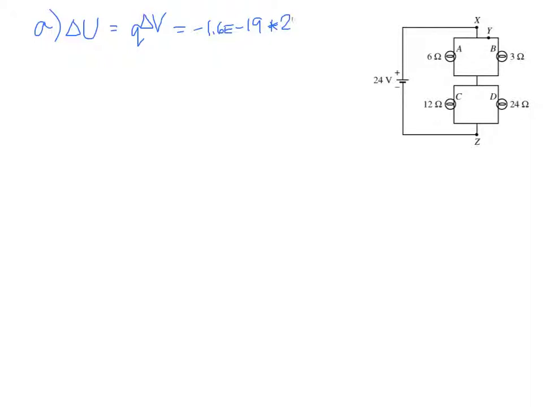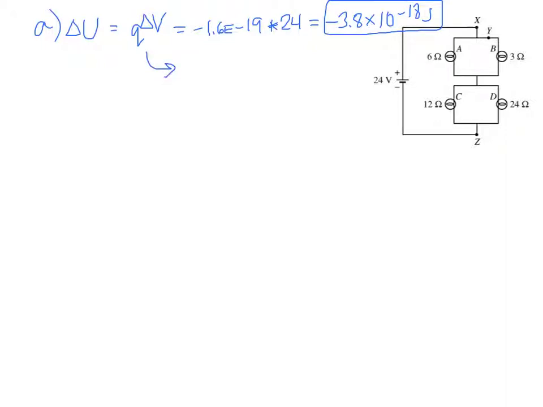So multiply that by 24, and you get a potential energy change of negative 3.8 times 10 to the negative 18 joules. You could have also answered this in units of electron volts.